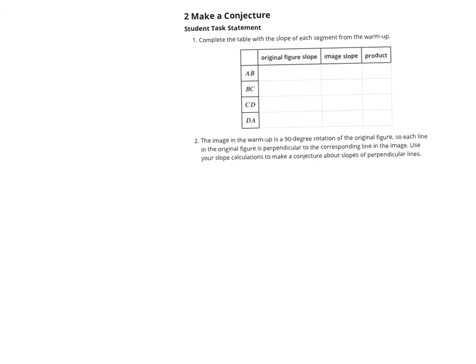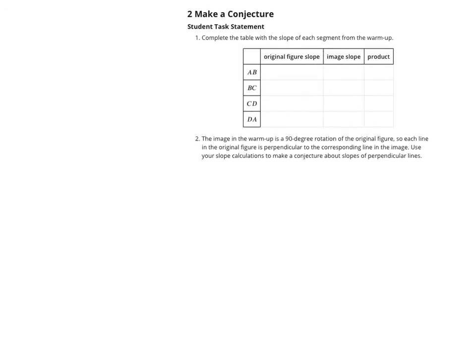So let's see what we can do with this. It says make a conjecture. Complete the table with the slope of each segment from the warm-up. So you have to go back to that warm-up and count your slope. If I look at AB, I'm looking at the drawing, I'm going down 2 over 5, so negative 2 over 5 is my answer.